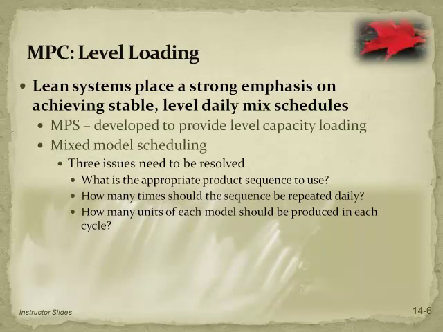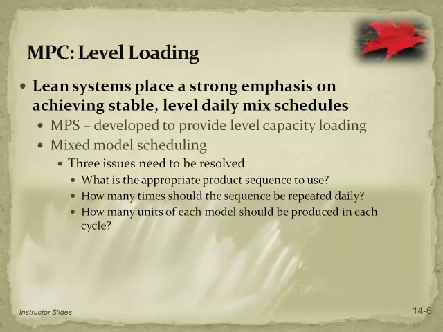The definition of level loading is we are producing about the same amount every day. Now this is extremely important in going lean. It's very important that our production output or our production volume does not have a great deal of changes to it. Because what are we trying to achieve?